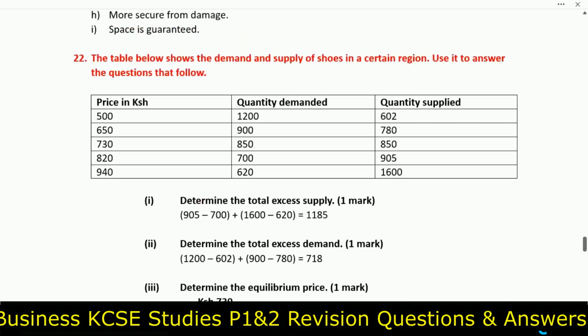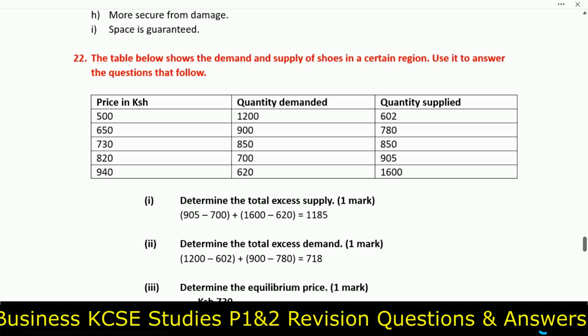Question number 22. The table below shows the demand and supply of shoes in a certain region. Use it to answer the questions that follow. So price in Kenya shillings, then quantity demanded, then quantity supplied.